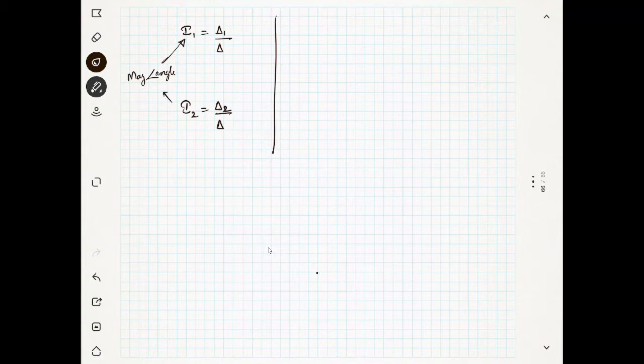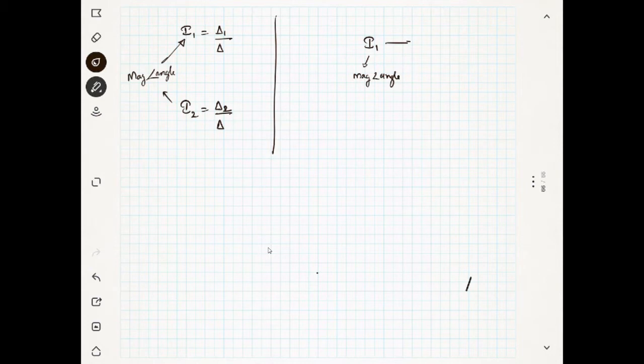I1 will have a magnitude and some angle. Then you can find the actual current. How can you find the actual value in the time domain if you know this?